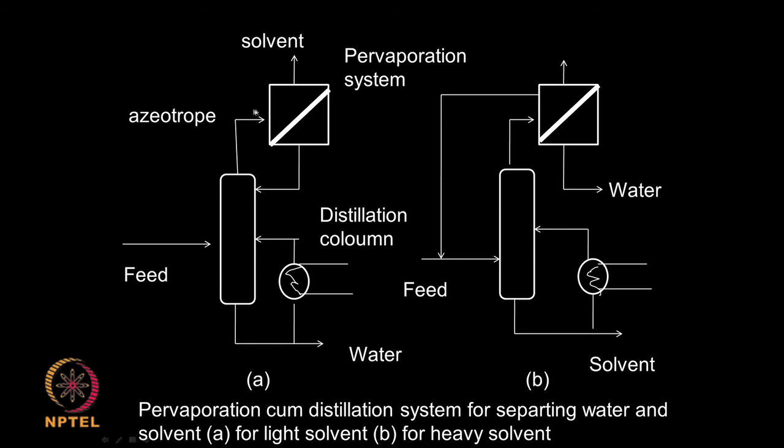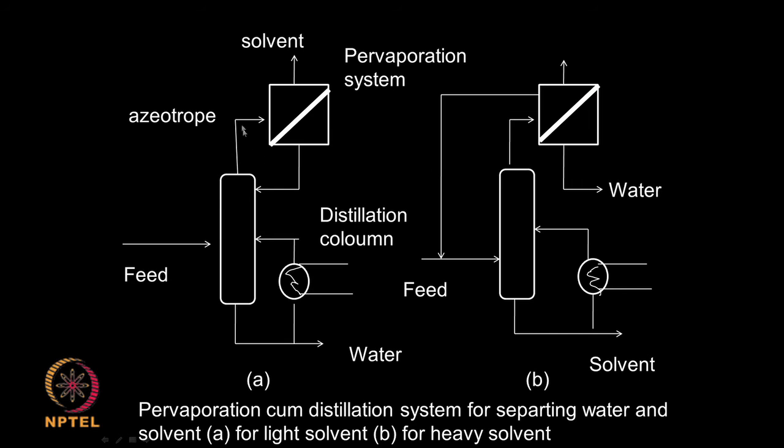Now, the solvent goes up, so we can use a pervaporation system, then collect all the solvent and the remaining is passed in. If it is a heavier solvent, okay, so here water goes down from the top and the solvent is collected here and the product goes out like this.